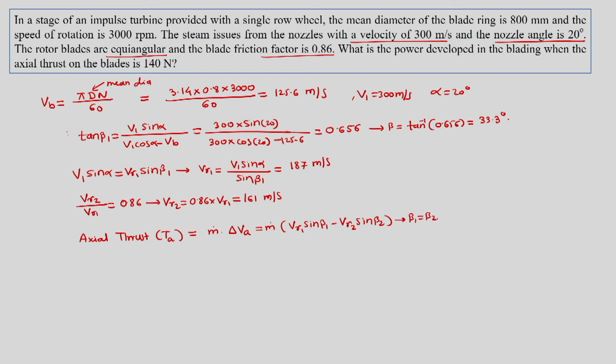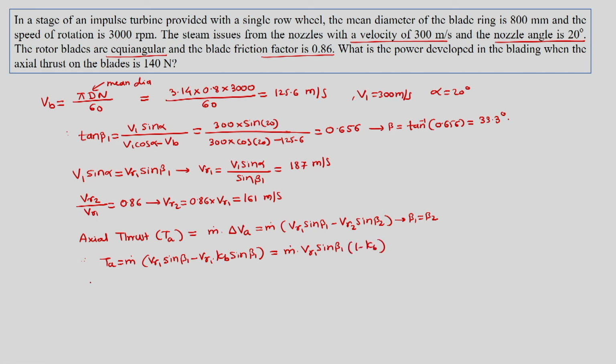So we can write TA is equal to m dot into VR1 sin beta 1 minus VR1 into KB into sin beta 2, which is beta 1. So we have m dot into VR1 sin beta 1 into 1 minus KB.